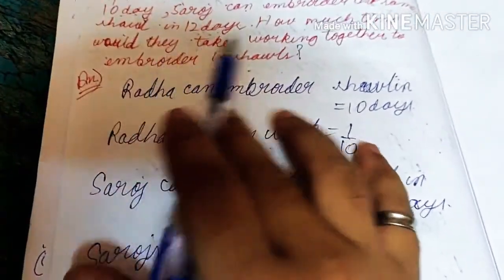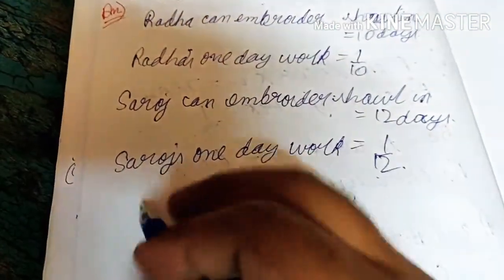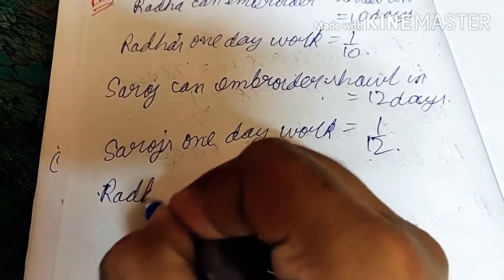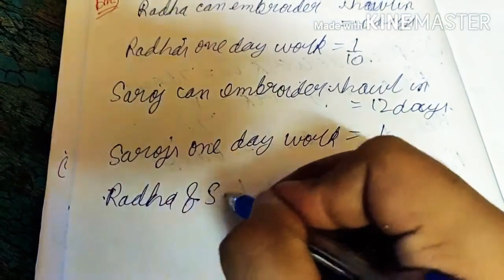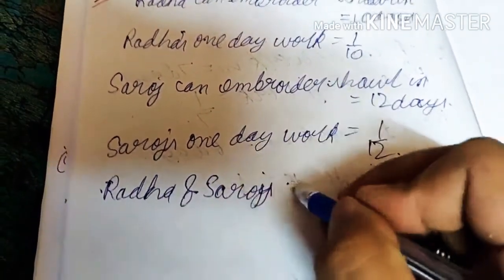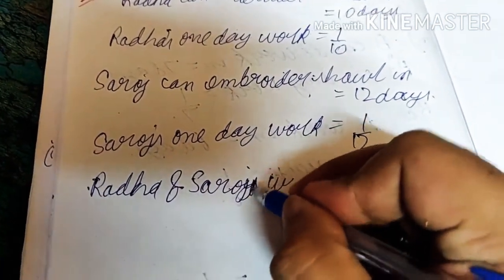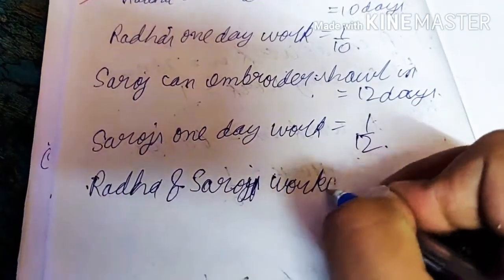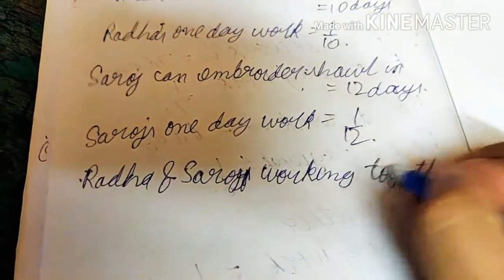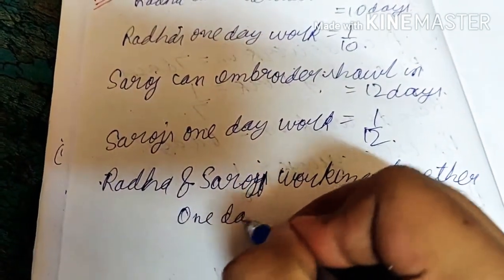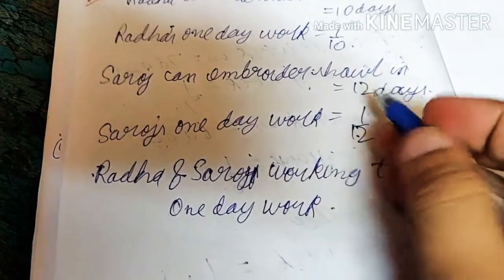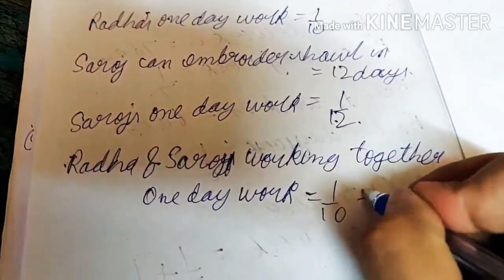How much time would they take working together? Saroj and Radha working together, their one day work will be equal to one day work of Saroj plus one day work of Radha, means 1 by 10 plus 1 by 12.